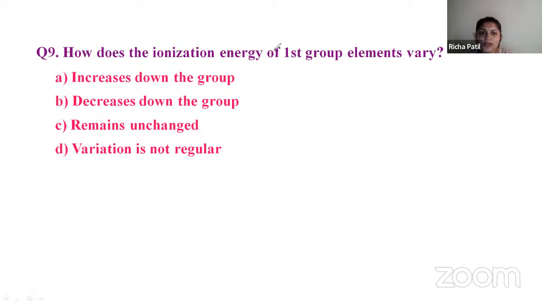Ionization energy will decrease down the group. Why? Because of the increase in atomic size or number of shells. As the number of shells increases, the effective nuclear charge will reduce. So this is the reason.